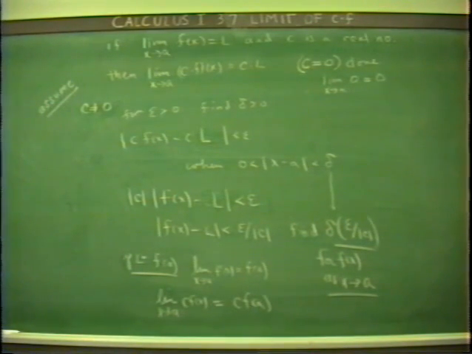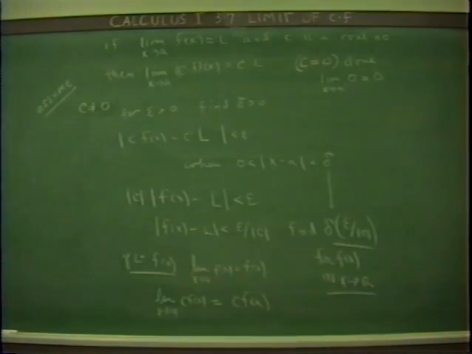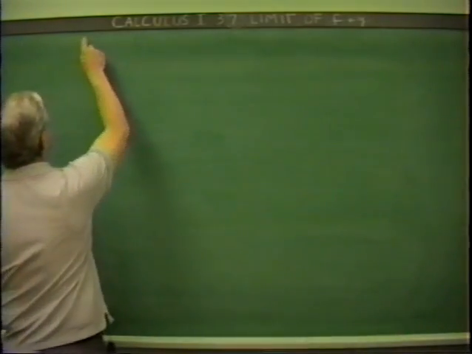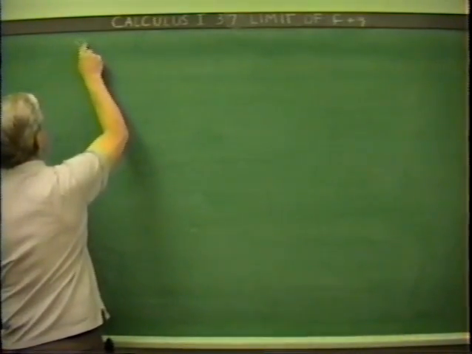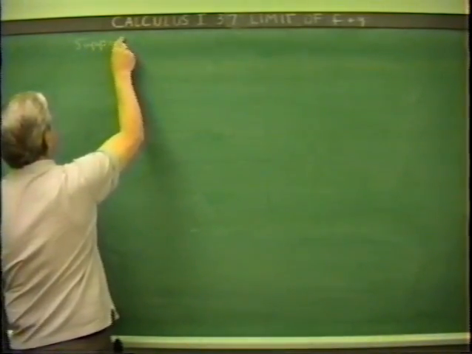Then g of x minus L is between minus epsilon and epsilon, and h of x is also between L minus epsilon and L plus epsilon.